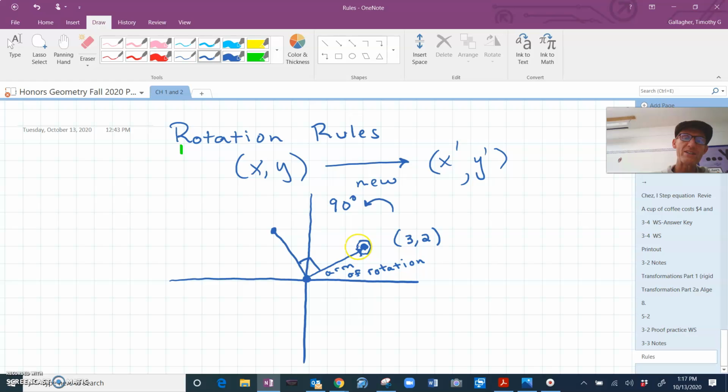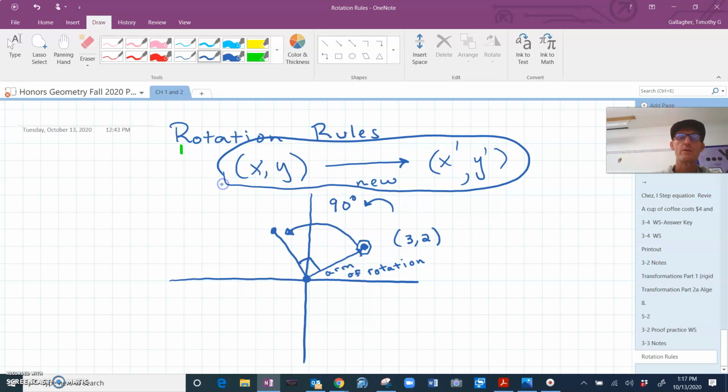So this point is rotated 90 degrees to the left, or counterclockwise. The new point right here is (-2, 3).